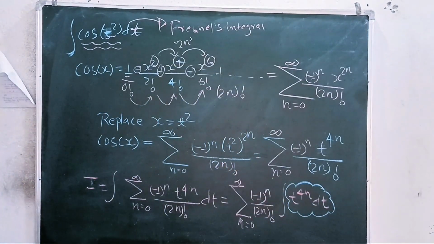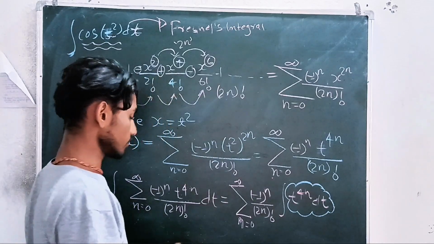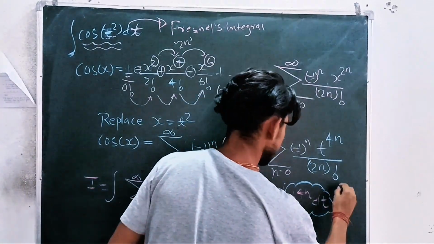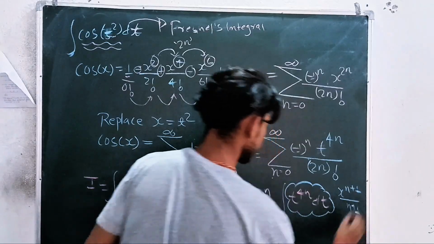This is our general power rule formula. For power expansion, we know that the integral of x raised to n is x raised to n plus 1 over n plus 1.